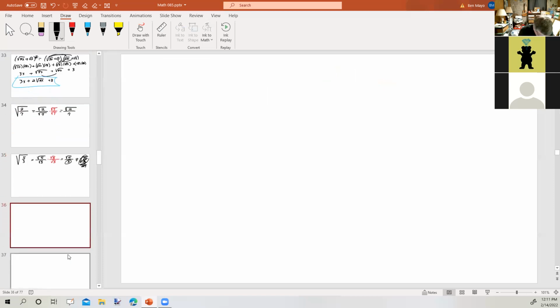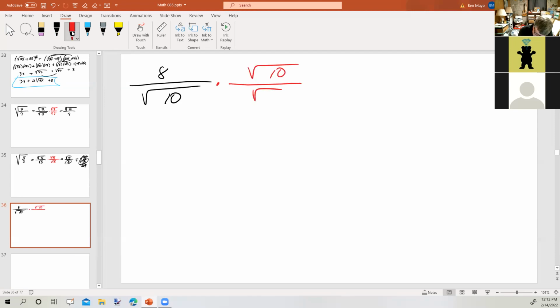Okay, let's take a look at this one. 8 over the square root of 10. Now, the numerator is rational here, but I want the denominator to be rational. So I'm going to multiply by the square root of 10 over the square root of 10, which is going to give me 8 square roots of 10 on top and a 10 on the bottom.